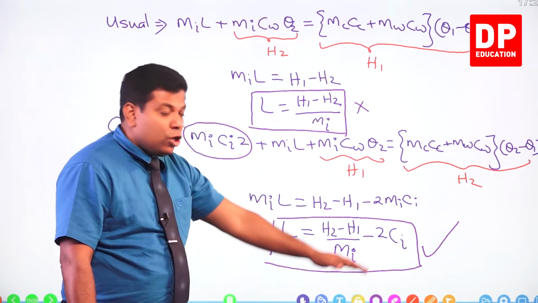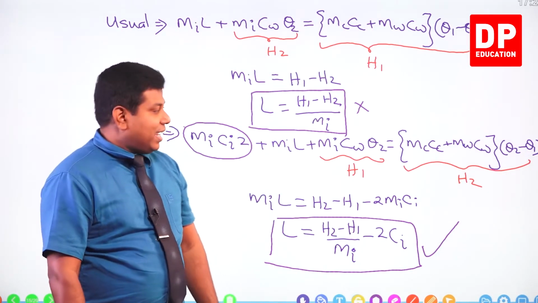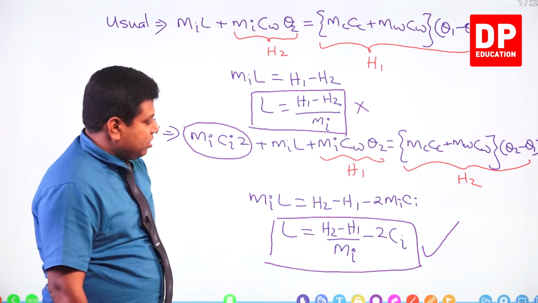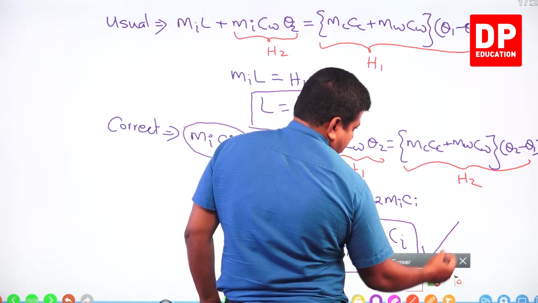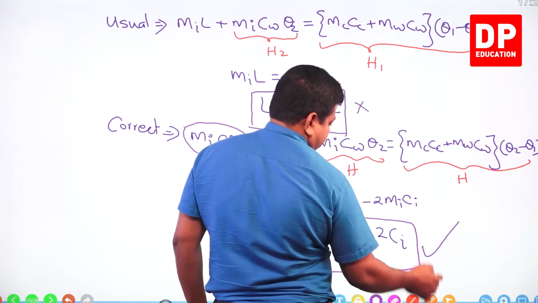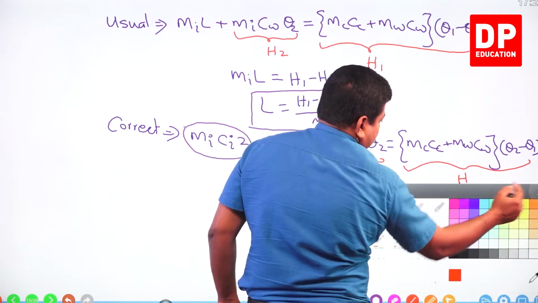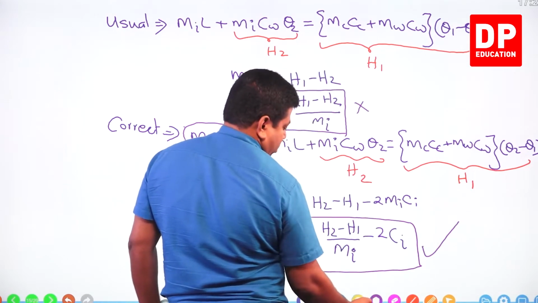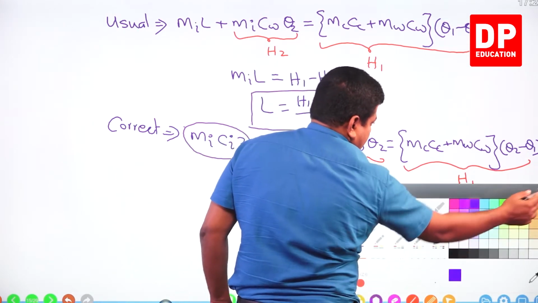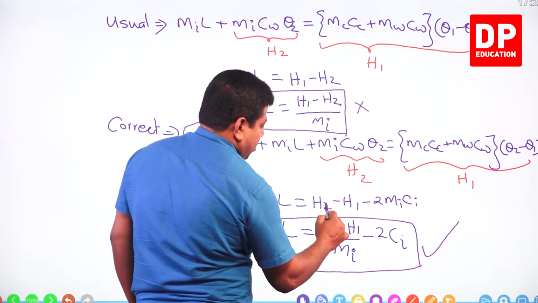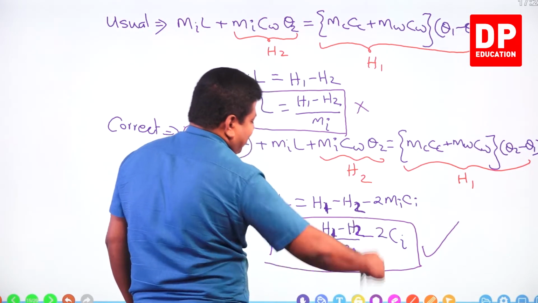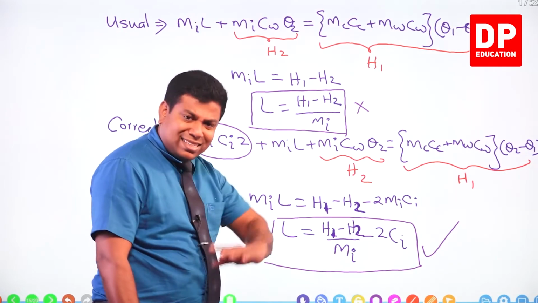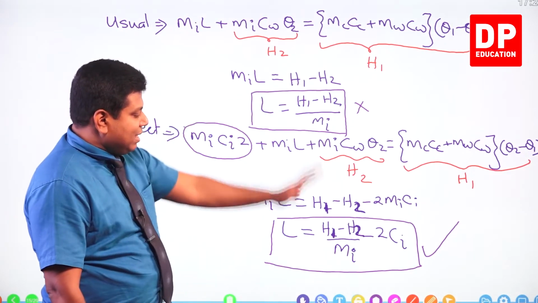H1 minus H2 over M_i is the same in both.